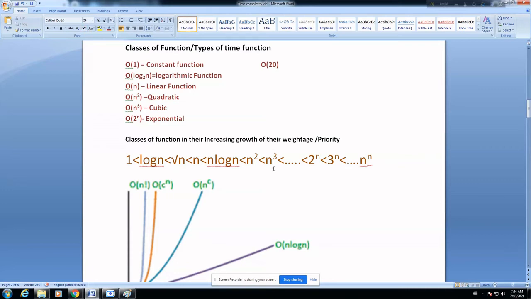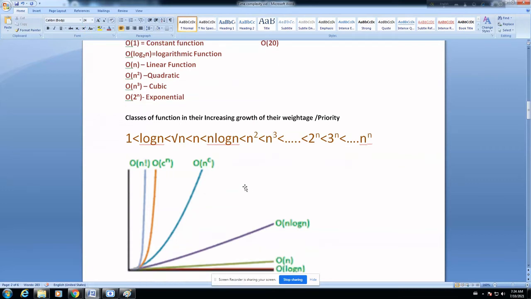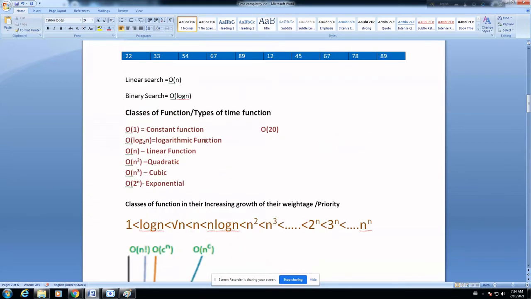So here it is clear that log n is less than n. And that's why we can say that binary search is more efficient than linear search.